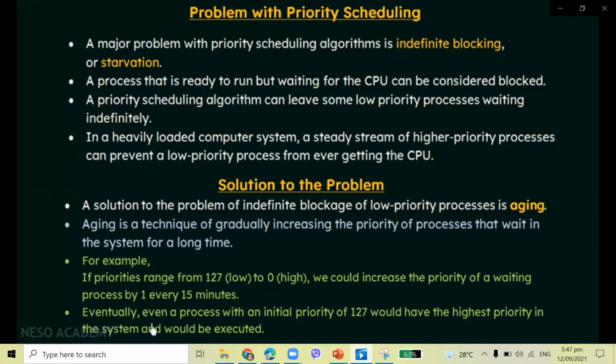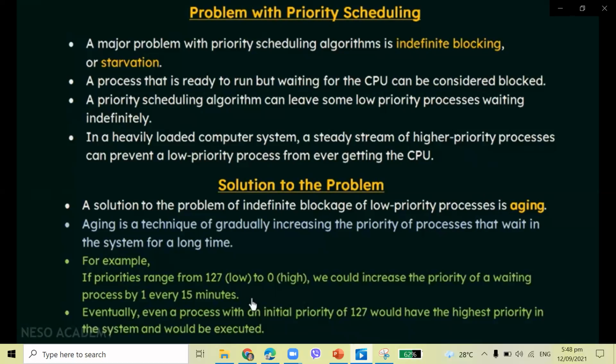So what will happen? Eventually, even a process with an initial priority of 127 would have the highest priority in the system and would be executed. So even if all the processes arriving after that particular process are always of higher priority, even this low priority process, after a particular amount of time, its priority gets increased and increased and increased, and a time will come when that process will also be of highest priority, and hence it has to get the CPU for its execution.